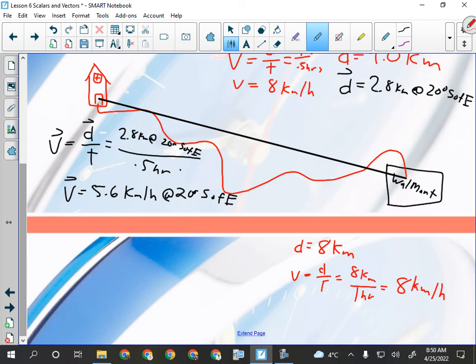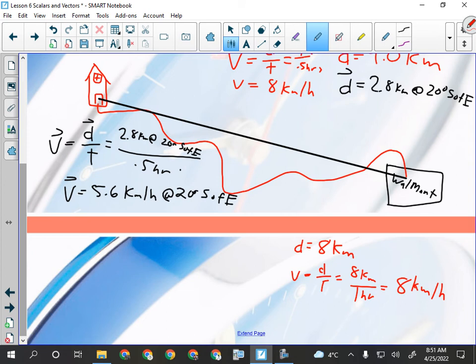When I get home, what's my displacement over the whole trip? 0. Displacement measures how much you change your position by. My starting position is home. My ending position is also home. Therefore, I haven't physically changed my position over the whole trip.